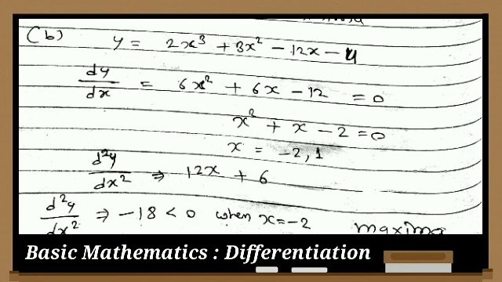If you didn't understand any concept, then you can ask me in the comment section, and please see the previous lecture. If you are finding problems in the functions, then you have to see the previous lecture, which is based on functions and trigonometry. Is it clear?